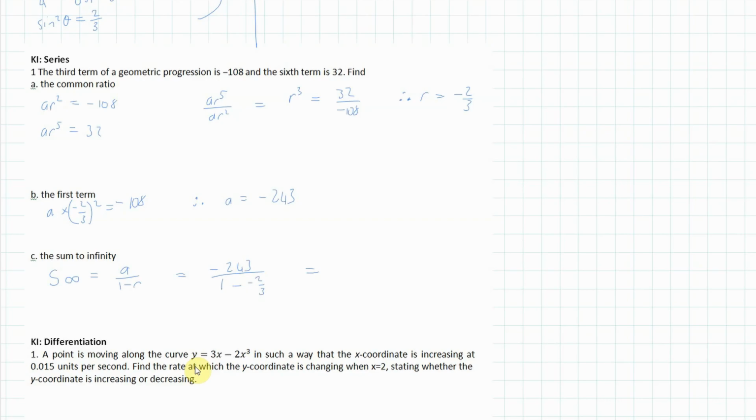So it should give us negative 121. Hang on. Let me just get this right. 243 over 1 plus 2 over 3. Negative 145.8, I think.